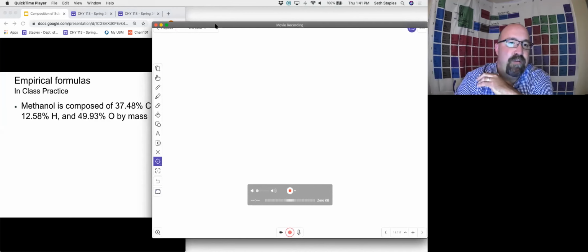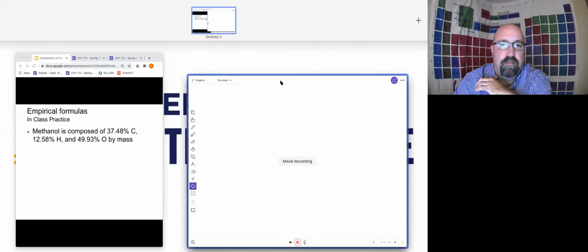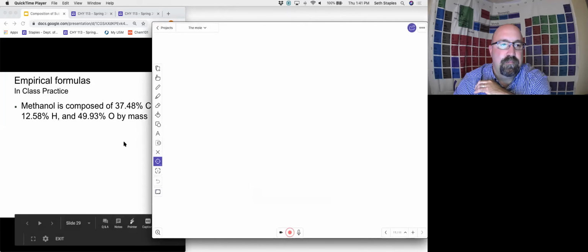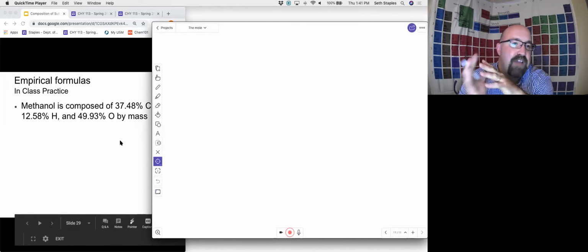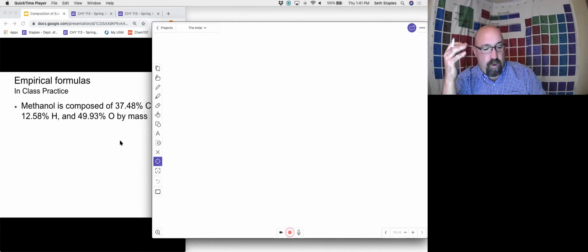Methanol is 37.48% carbon, 12.58% hydrogen, and 49.93% oxygen. And so these are just the mass percentages of methanol. And so we want to know what the empirical formula of this is.